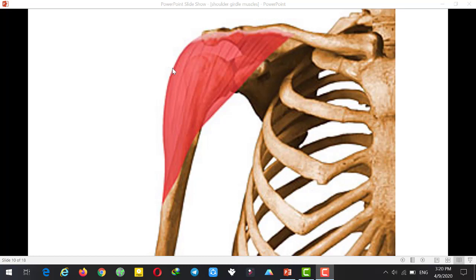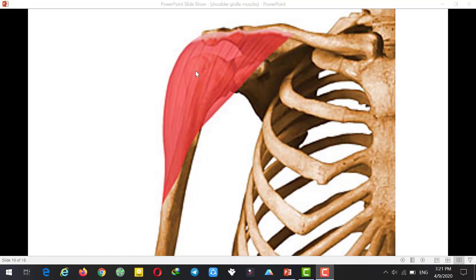Extension works with the latissimus dorsi and teres major. You know, abduction of the arm: initiation of this abduction is with supraspinatus till 15 degrees. Continuation of the abduction is with the middle fibers of the deltoid till 90 degrees. And after 90 degrees it is with the trapezius.